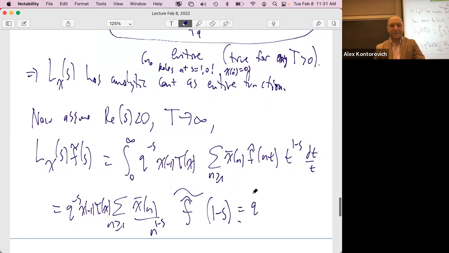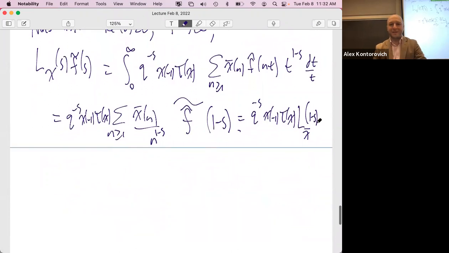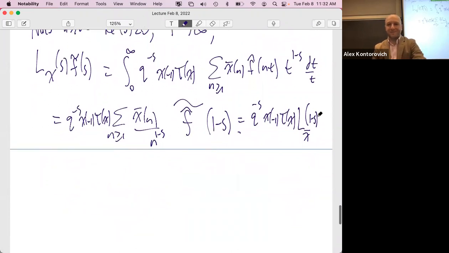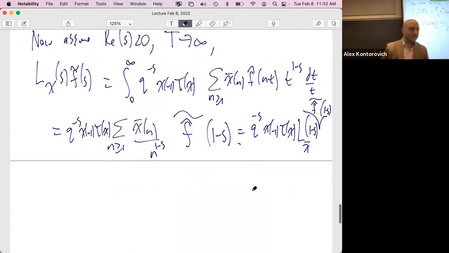And so you get q to the minus s, chi of -1, tau of chi, and then L of chi bar at 1 minus s, and one more term, f hat tilde at 1 minus s. Q to the minus s, that's entire.